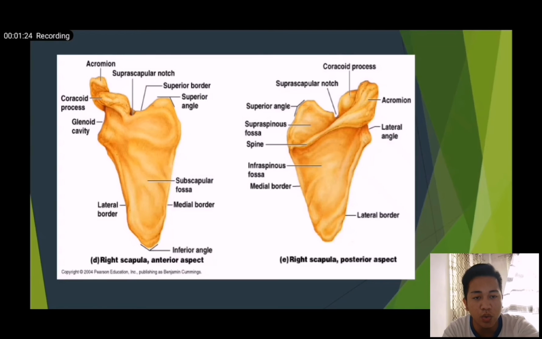Ayan. So, to study it further, here is a clearer view of the scapula. So we have the right scapula here, which is the anterior aspect, and we also have the right scapula here, posterior aspect.